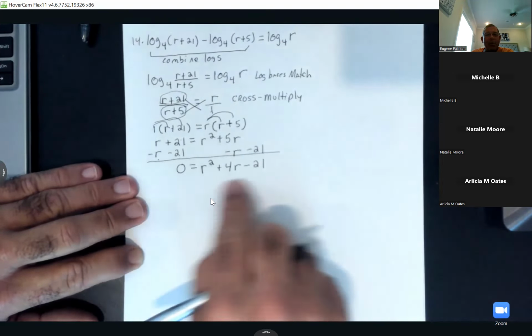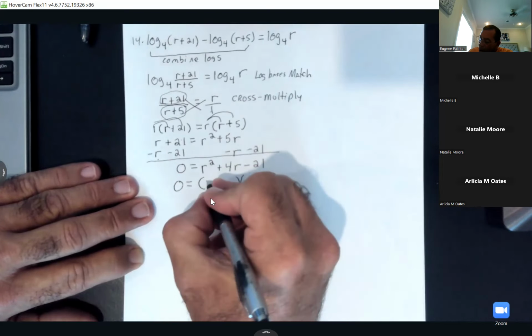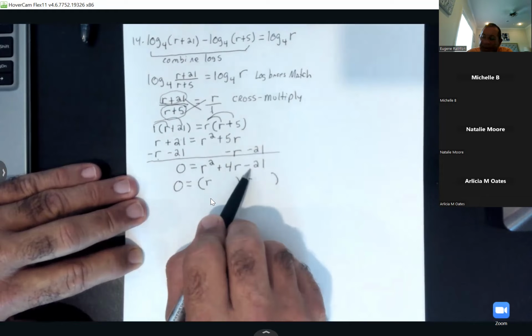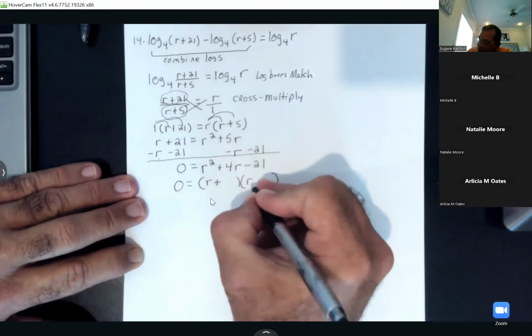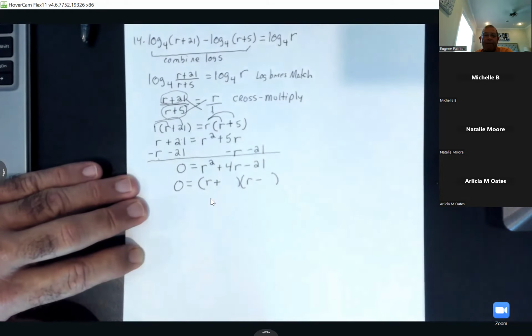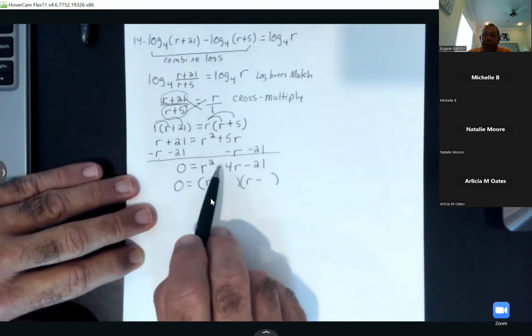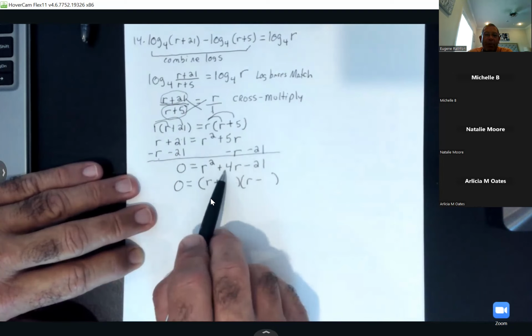So guess what? We get to factor again. We got an r squared. That's going to be an r and an r. Once again, we got a negative at the end. So one's positive, one's negative. This time I know the larger factor will be positive like the middle number on this one, okay?